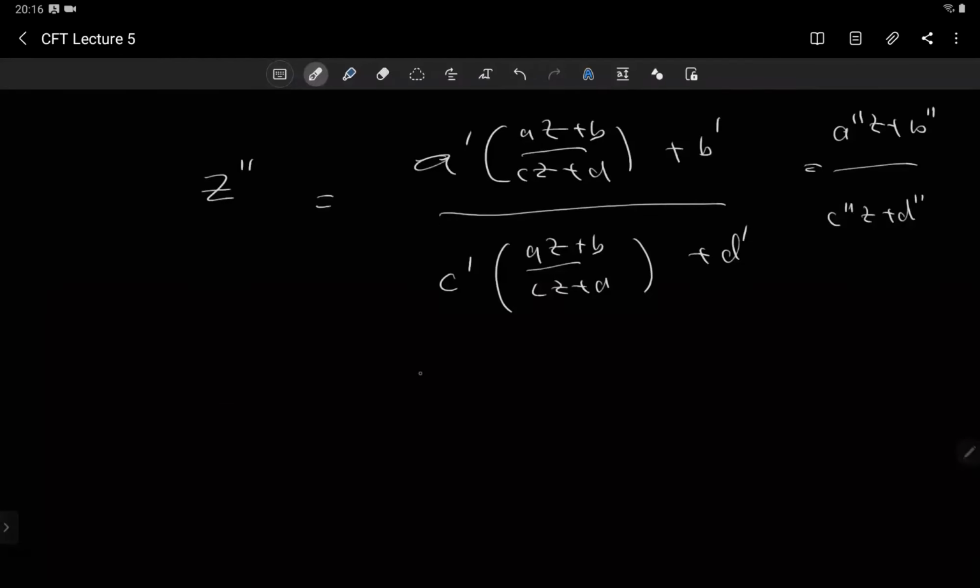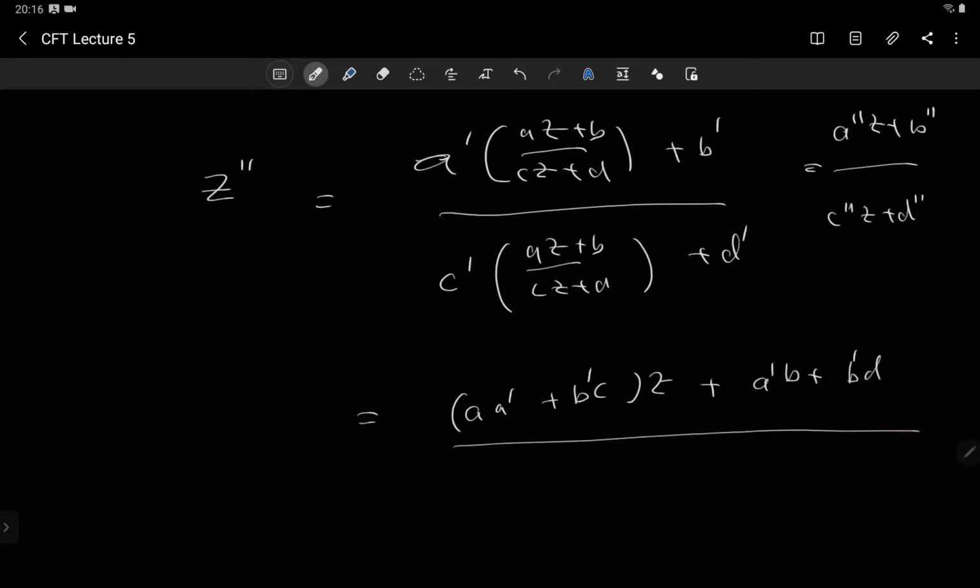So if you see what happens, it is A prime plus B prime C, plus A prime B plus B prime D, divided by A C prime plus D prime C Z plus B C prime plus D D prime.